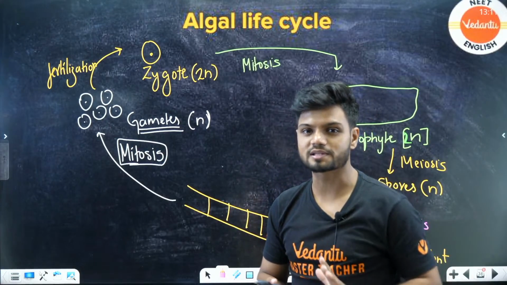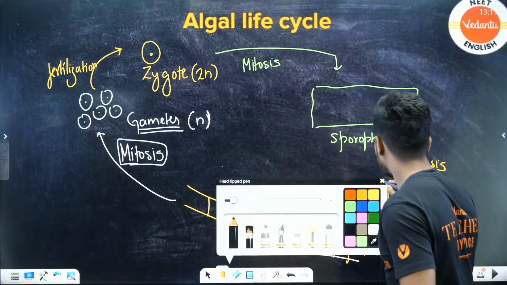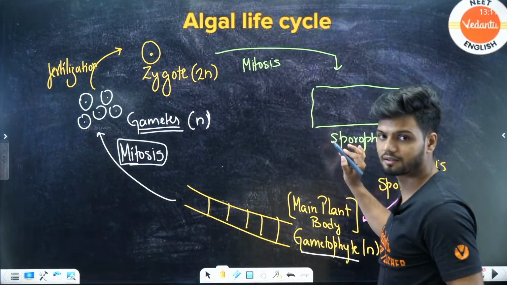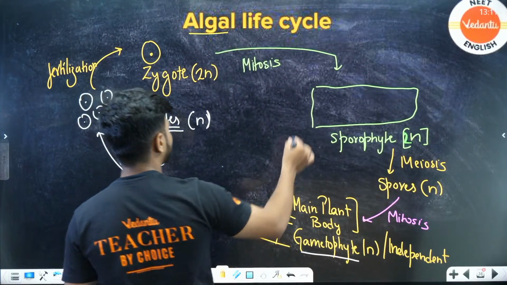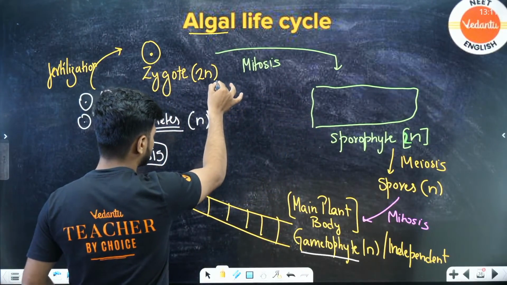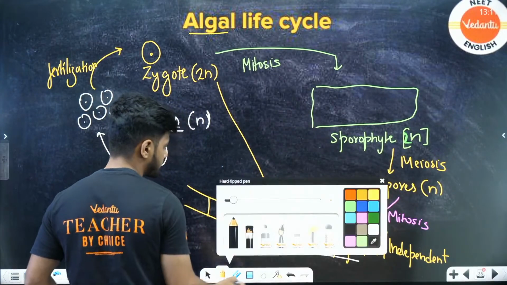But there is a small twist here. This is supposed to happen in general in the case of a plant, but in the case of your algae, your zygote directly develops into the main plant body.